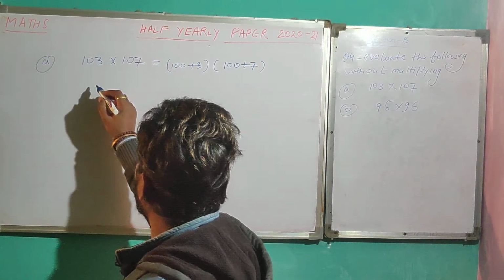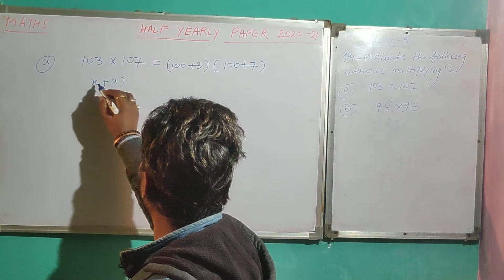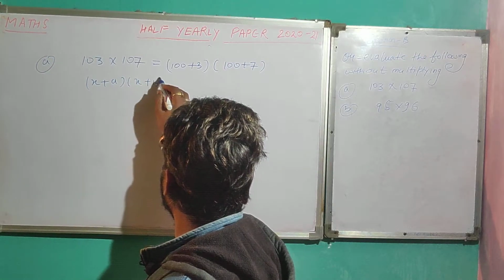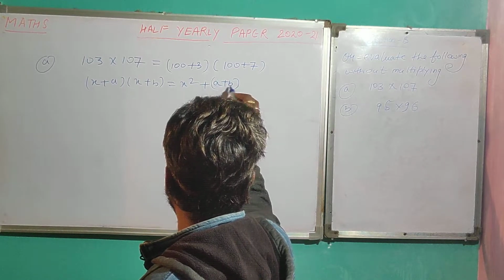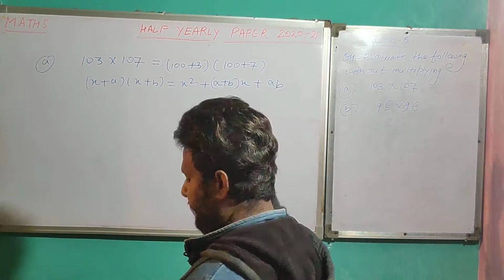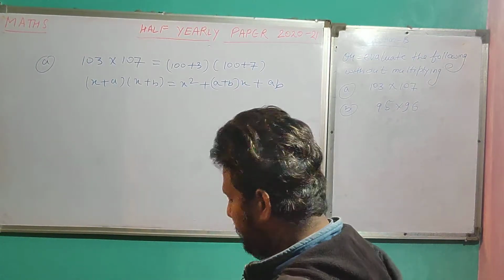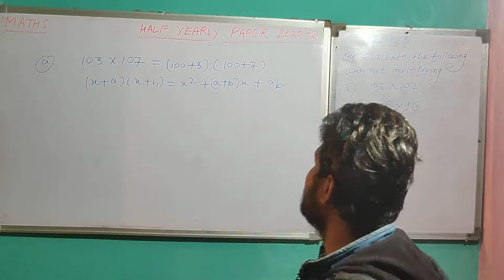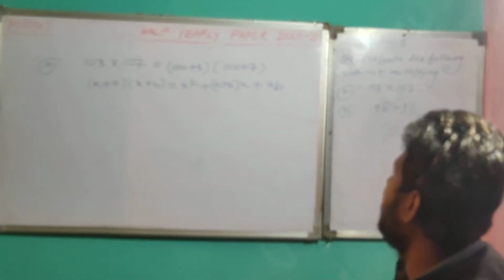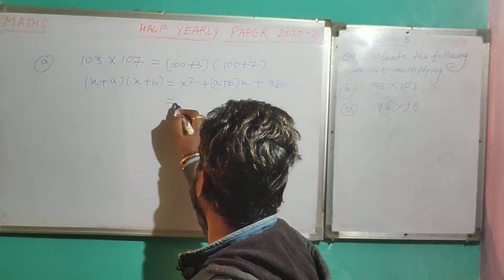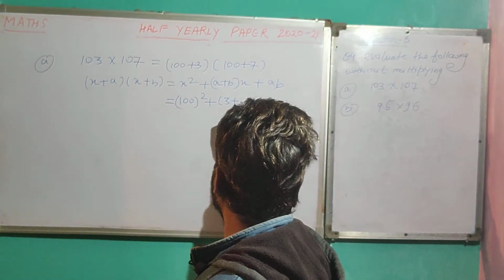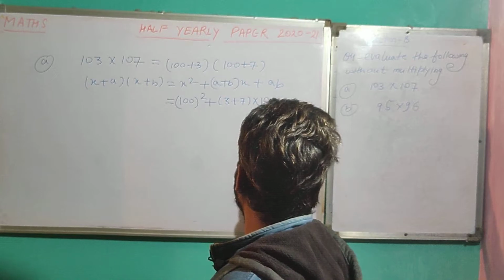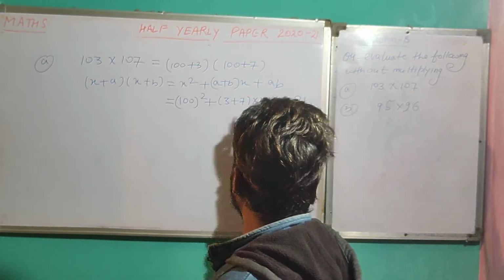Using the formula (x plus a) into (x plus b) is equal to x square plus (a plus b) x plus ab. Here the value of x is 100, therefore 100 square plus (3 plus 7) into 100 plus 21.